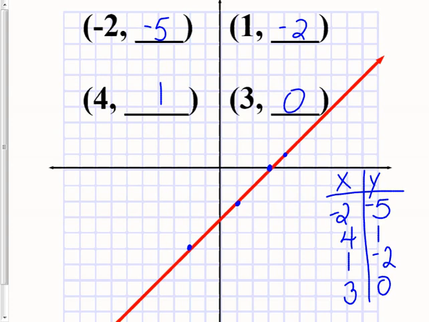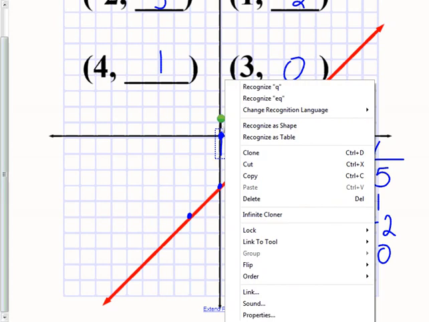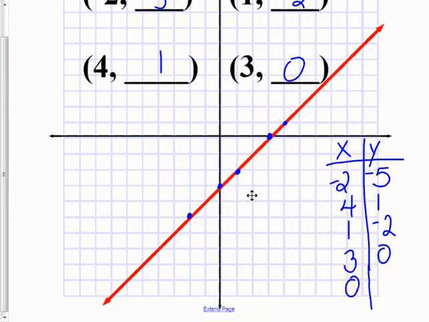Now, something that might help you, even though it wasn't one you were asked for, is what if x is 0? That's always helpful to know. If x is 0, then y is, I have to go down from 0, 1, 2, 3.